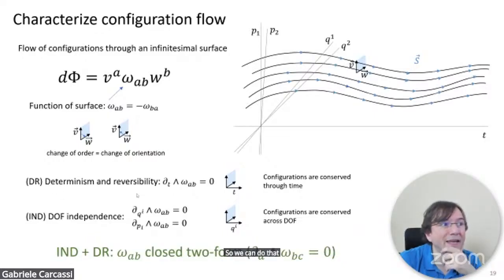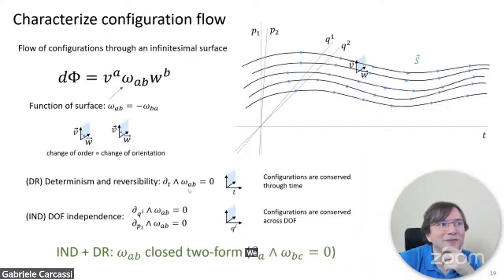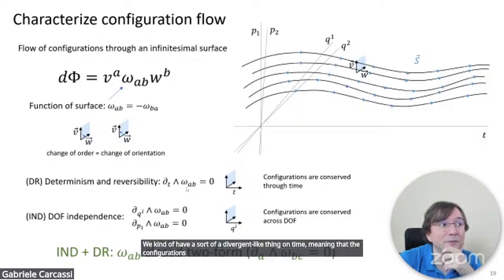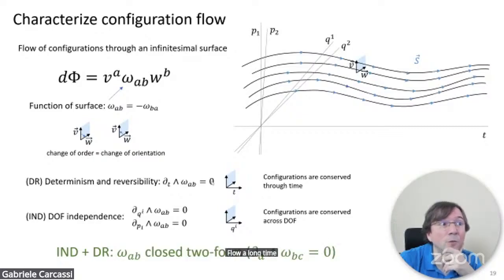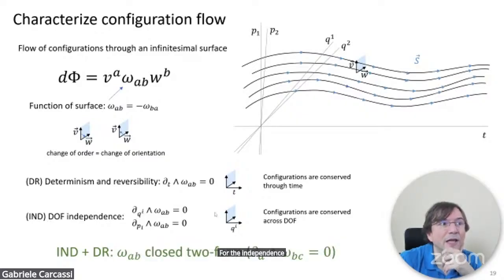And what we find is that if you assume deterministic, reversible evolution, we have a sort of divergence-like thing on time, meaning that the configurations are conserved through time. So if we take this variation of the flow along time, we need to have 0. And this captures the assumption of deterministic reversibility. For the independence of the degrees of freedom, the configurations are conserved across degrees of freedom.